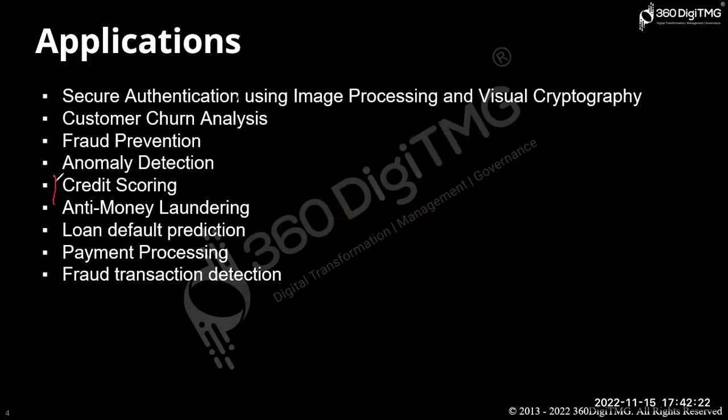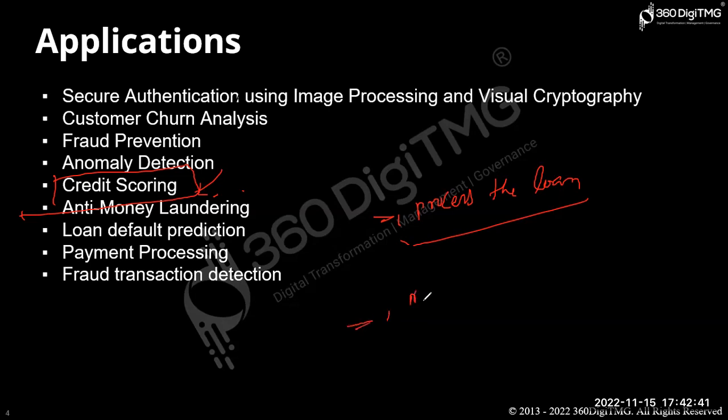Credit scoring. So where exactly will we be using credit scoring? In order to process the loan, we need to have a credit score, right? In order to build that credit scoring as well, we need a machine learning model. So we can do credit scoring using a machine learning model.